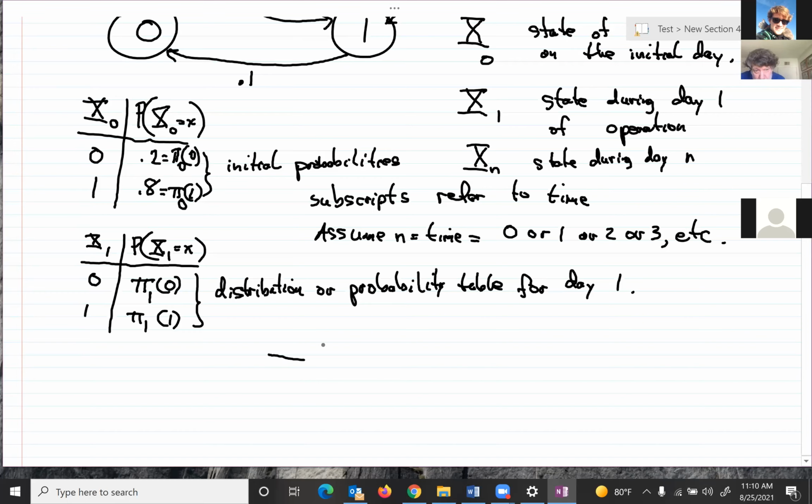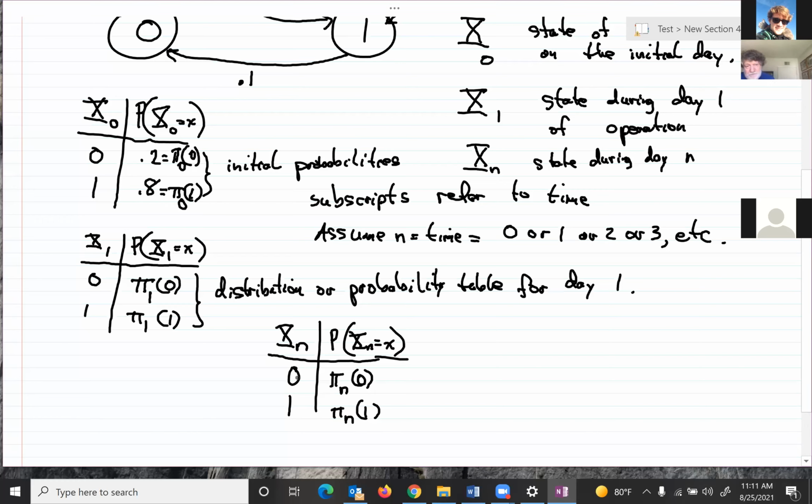If you're looking at the random variable at time n, which is really just measuring whether the machine is working or broken, this will be pi n sub 0, and this will be pi sub n 1. Those are the probabilities at time n of what's going on, where x could be either of these 2 values.